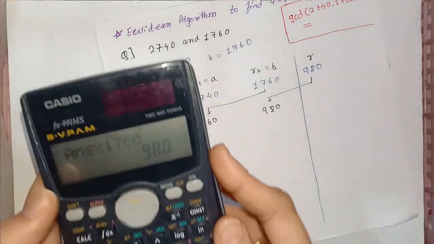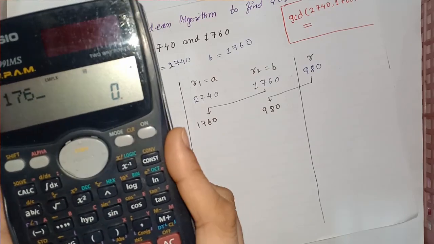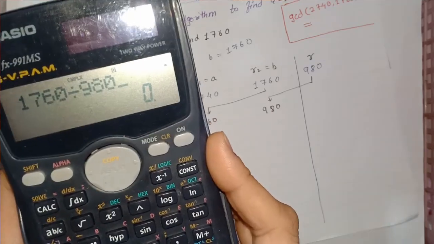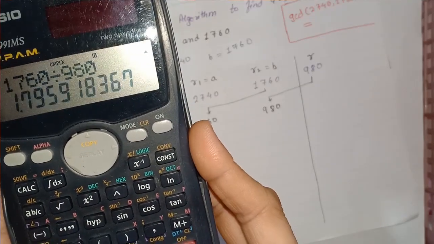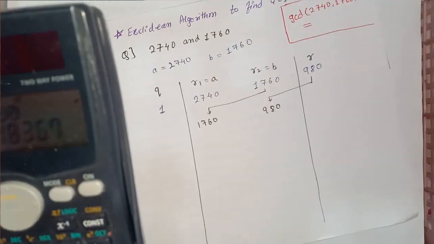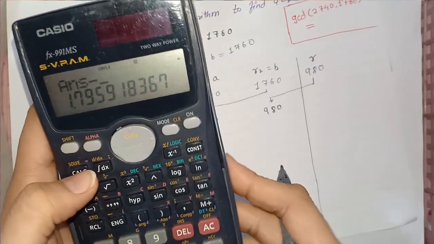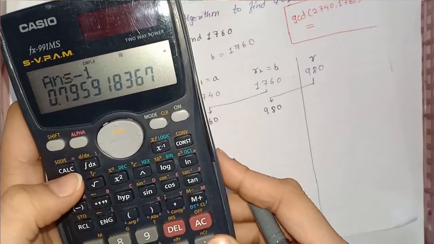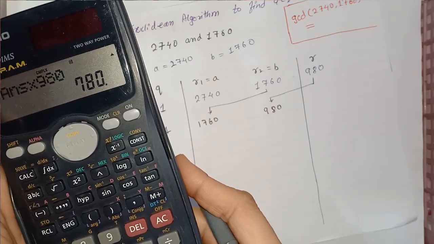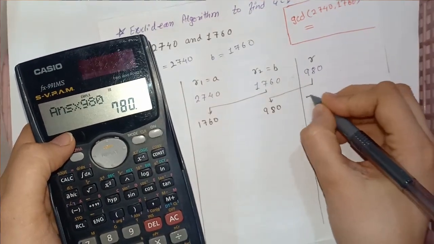Again we have to do the same thing. 1760 divided by 980. Here the term to the left, that is 1, is our quotient. So minus 1 and multiplied by 980, this we get as our remainder.